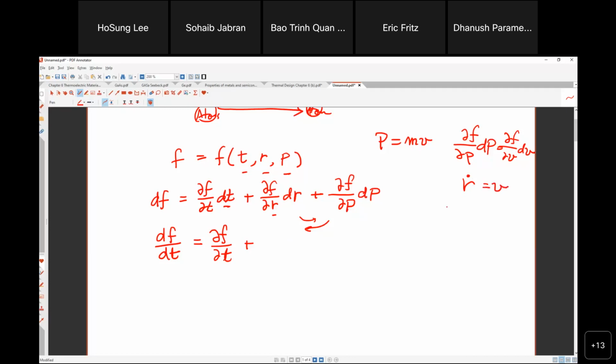So this is the velocity, and so dt divide dr dt, and just dr plus v df dv.